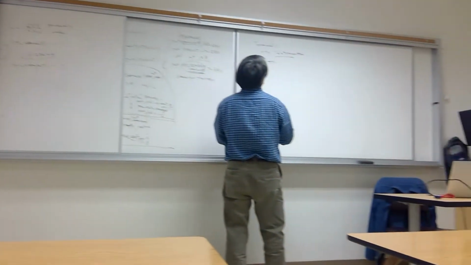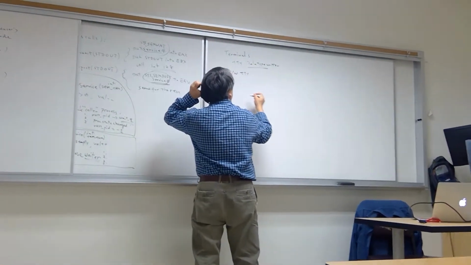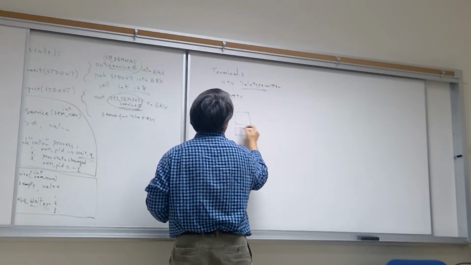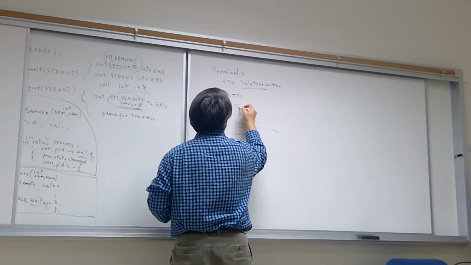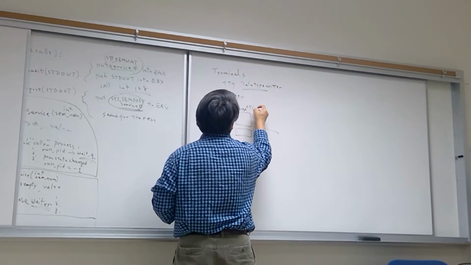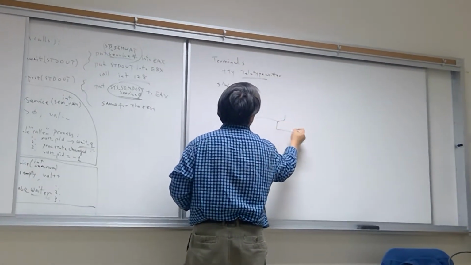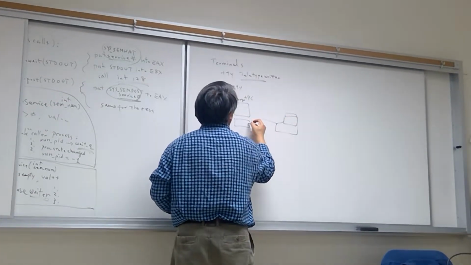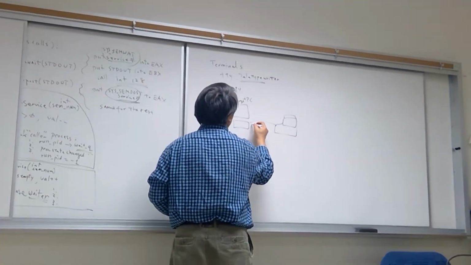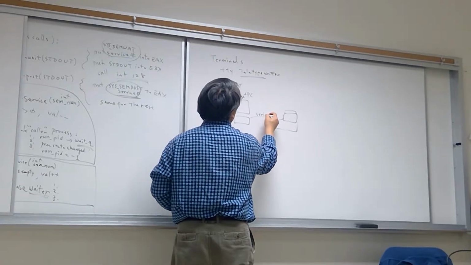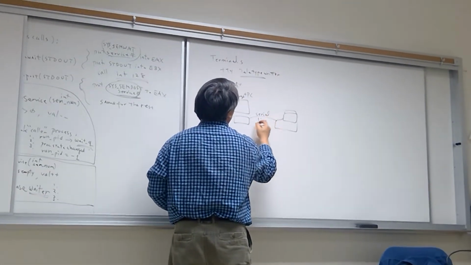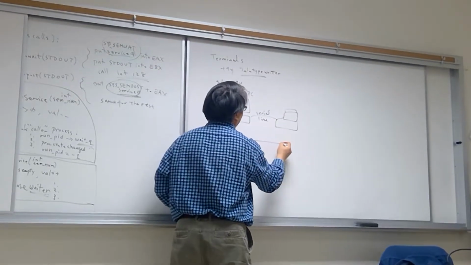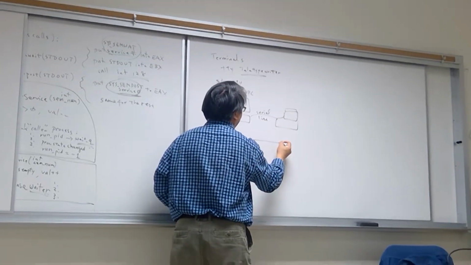So what we're going to do is that the terminal is linked to the port of the target PC, and the two ports are serial ports, connected by a serial line. The data communication is a serial one.